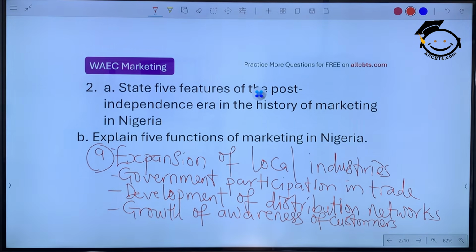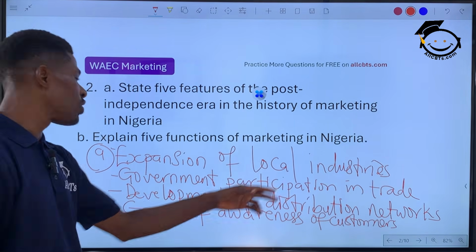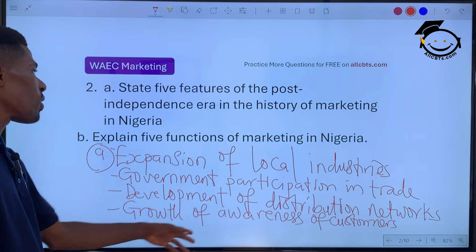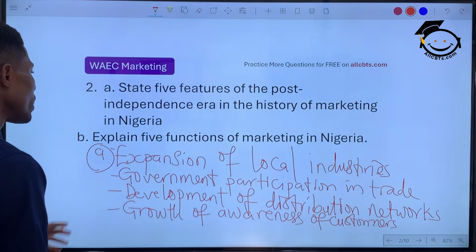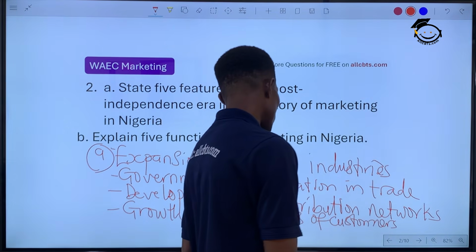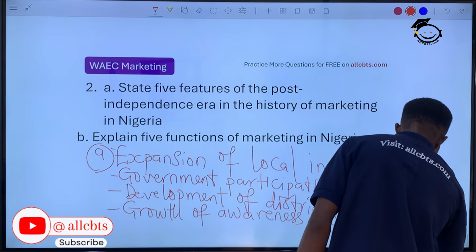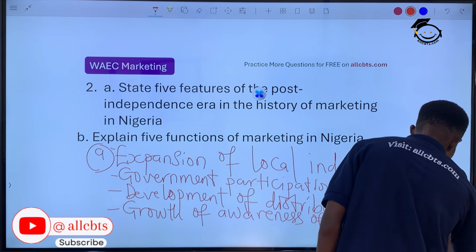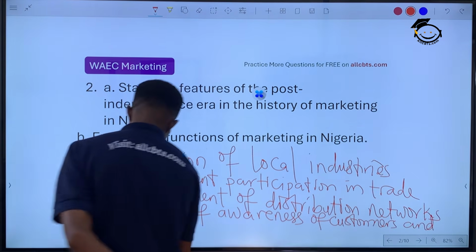Expansion of local industries, government participation in trade, development of distribution network, growth of the awareness of customers and in demand.